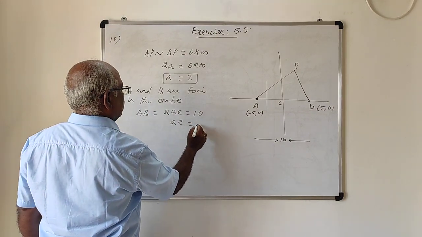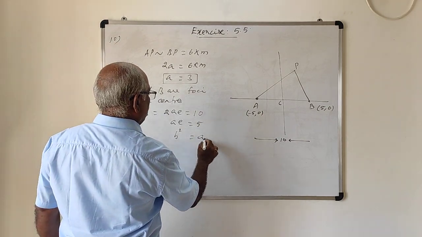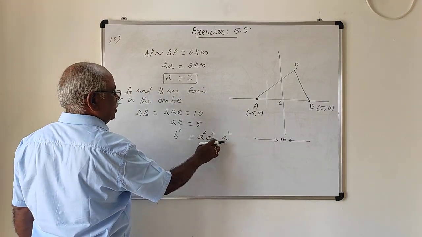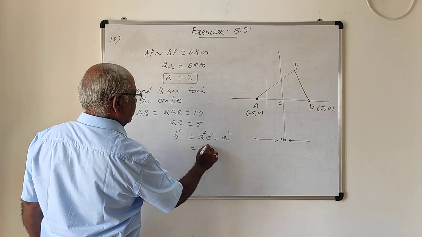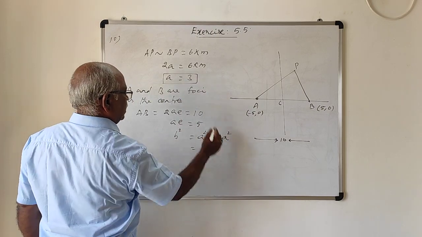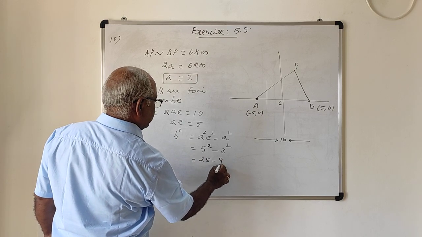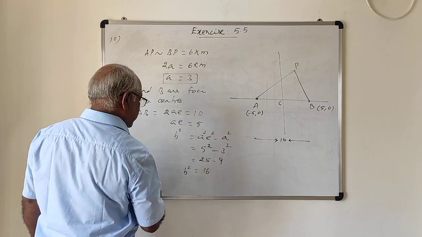Therefore, you get ae equal to 5. By hyperbola, b square is a square e square minus a square. a square e square is 5 square, minus a square is 3 square. This is 25 minus 9 equal to 16. b square is 16, a square is 9.